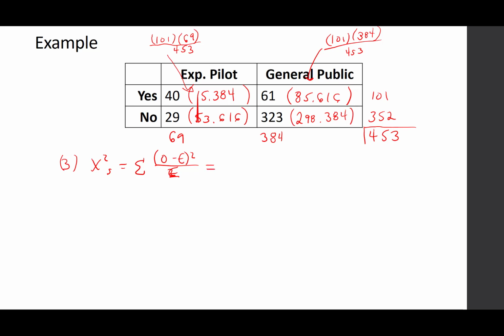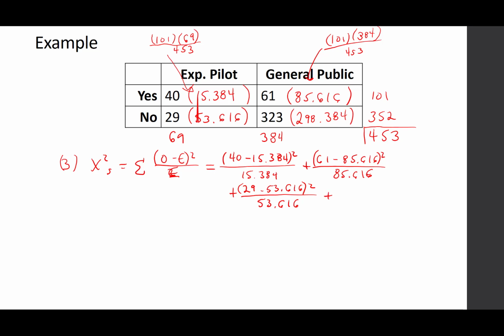And so for our table, our first cell is 40 minus 15.384, squared, divided by 15.384, plus 61 minus 85.616, squared divided by 85.616, plus 29 minus 53.616, squared divided by 53.616, plus 323 minus 298.384 squared divided by 298.384.